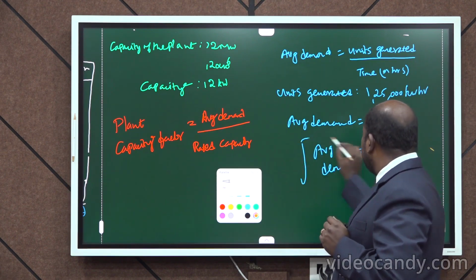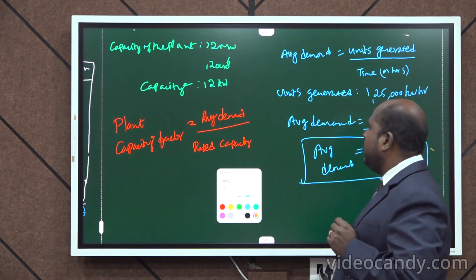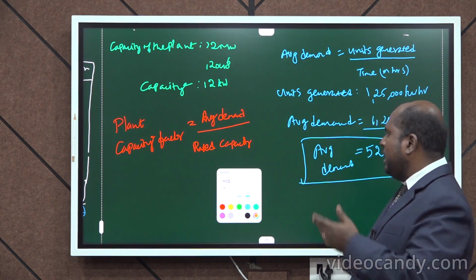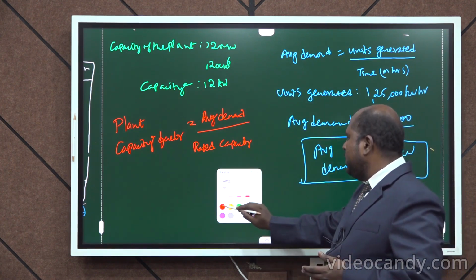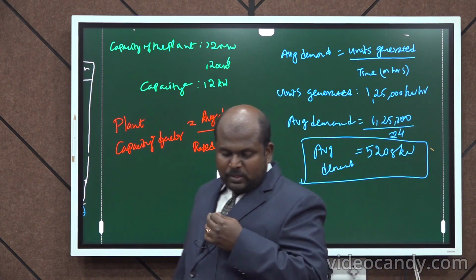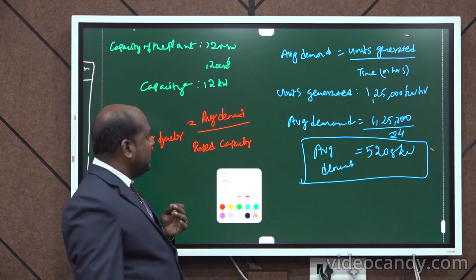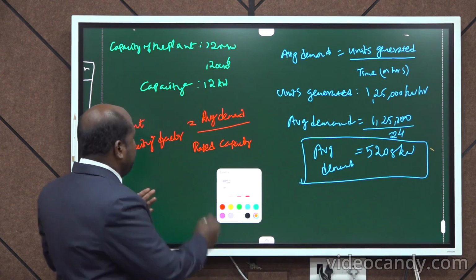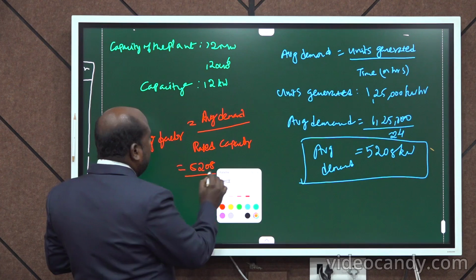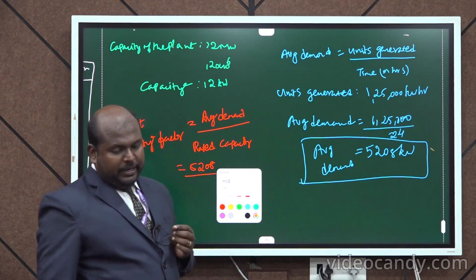So from this average demand, we can easily calculate the plant capacity factor now. The plant capacity factor is nothing but average demand, that is 5208, divided by the rated capacity.